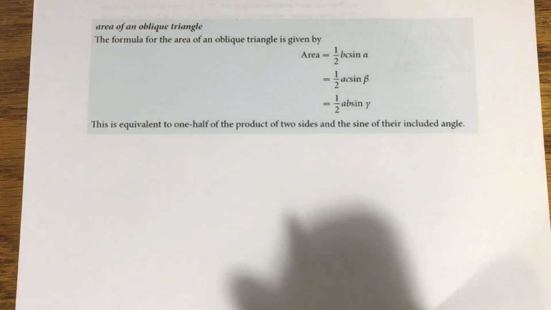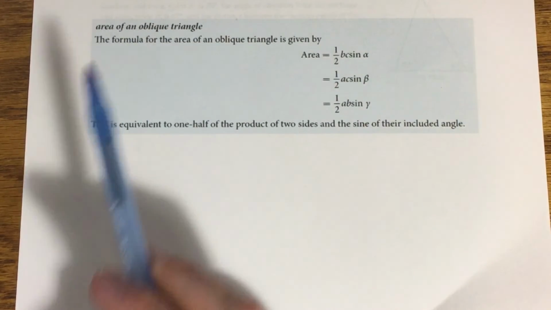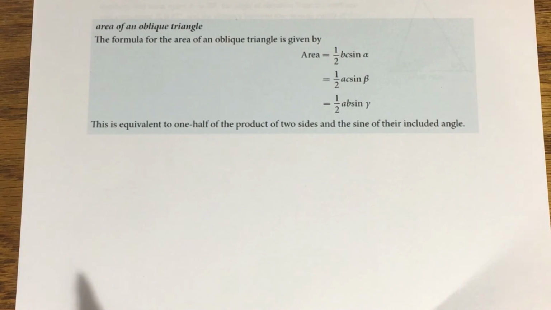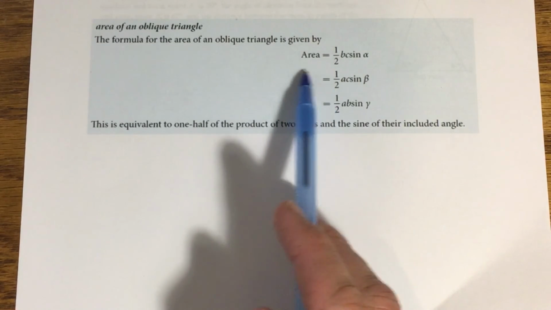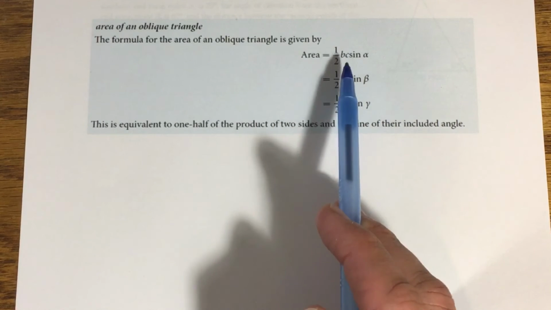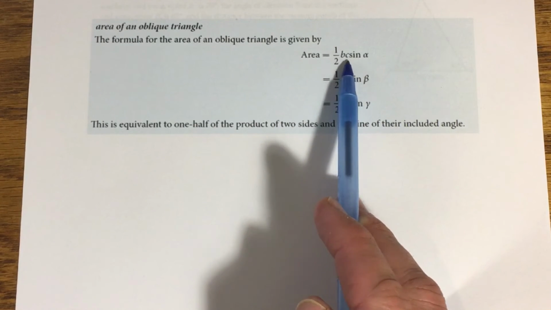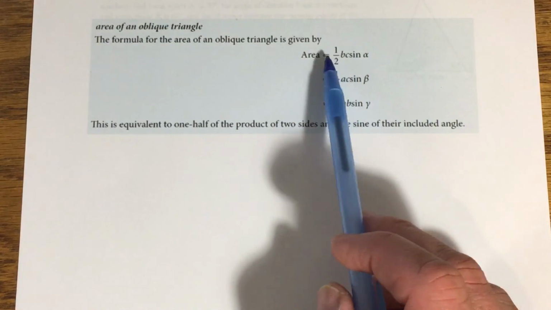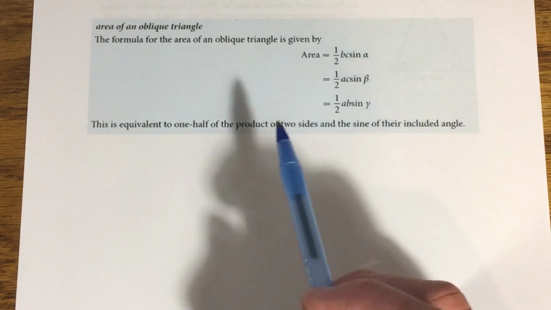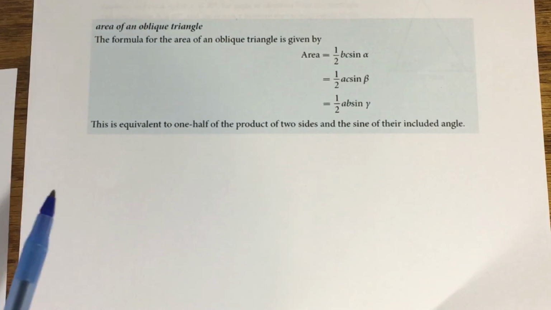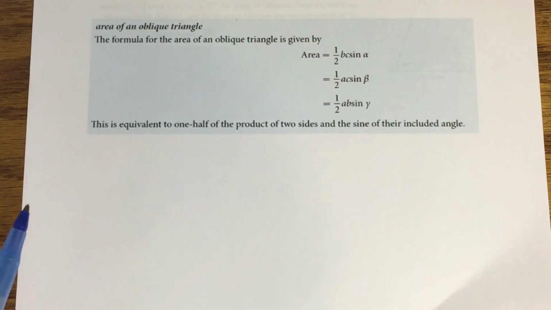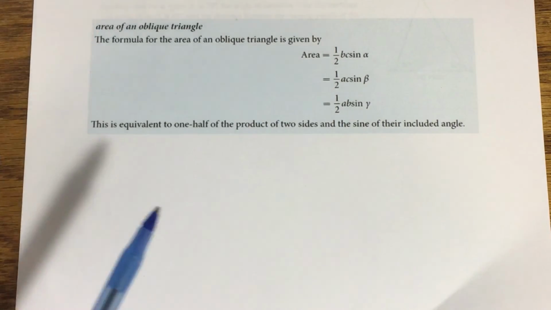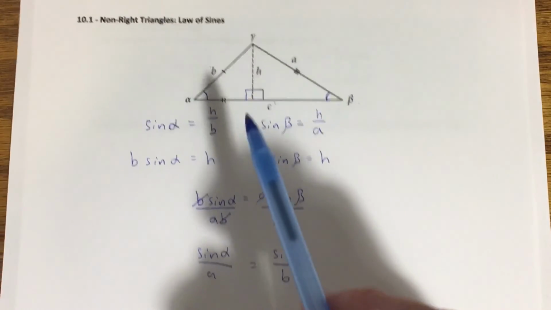So here is a formula for the area of an oblique triangle. It says that the area of an oblique triangle is 1/2 times the product of two sides times the sine of their included angle. So let's see if I can find a picture we've already used for that. Yeah, here's our first page here. So you can see the way that things are labeled.